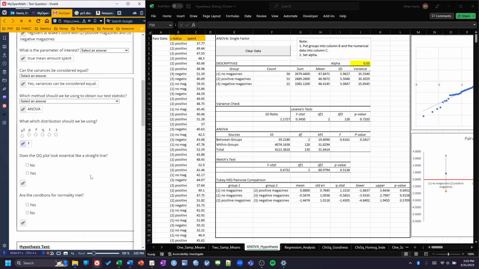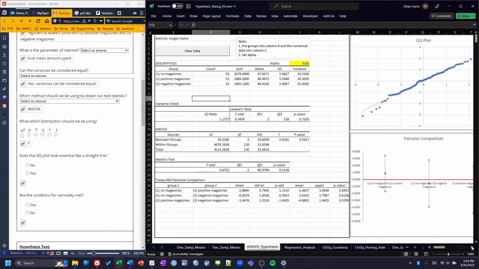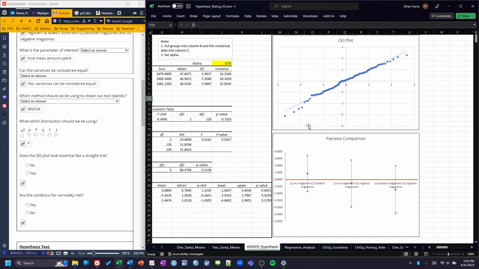The way that we do this is we start looking at our QQ plot, which is provided to you over here. I could dive into what the QQ plot actually is, but we're mostly just going to talk about how to use it. Essentially, what we want is for our data points to land on this straight line. Now, when we're dealing with data, we almost always have little deviations.